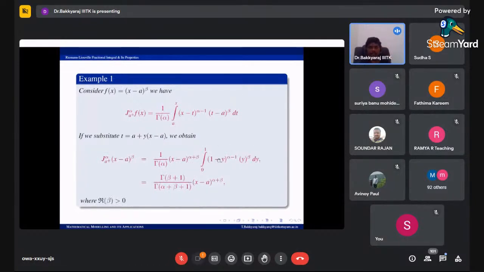Using the beta integral definition and the relationship between the beta integral and the gamma function, you will get this. So this is the fractional integral of a power function. For any alpha, you can get the fractional integral of a power function.